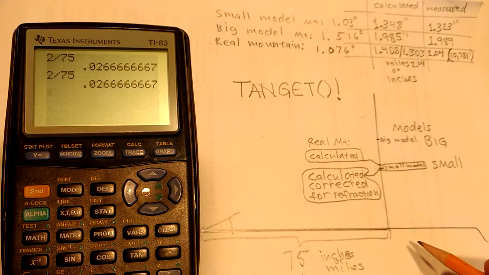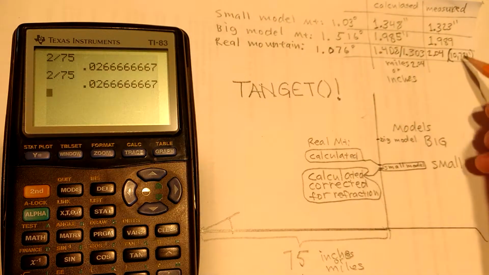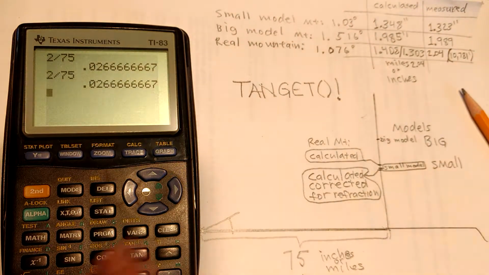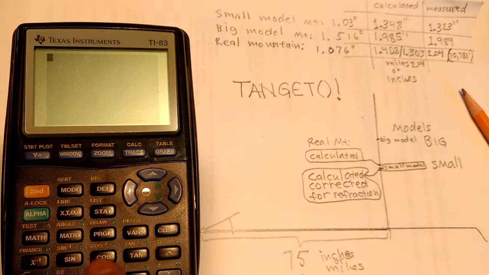And you could say, well, the mountain might not be really 10,781 feet. Maybe it's only 7,000 feet. Like, let's say here we go clear. The tangent of 1.076 times 75.